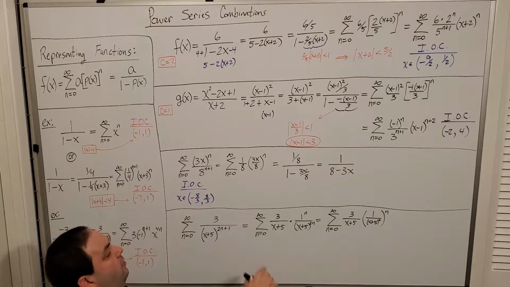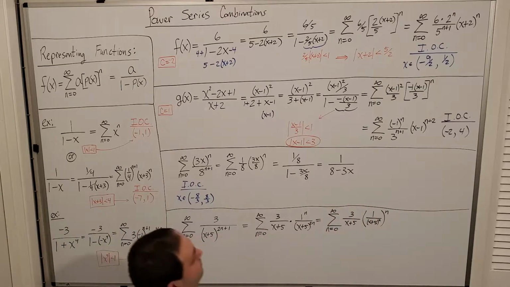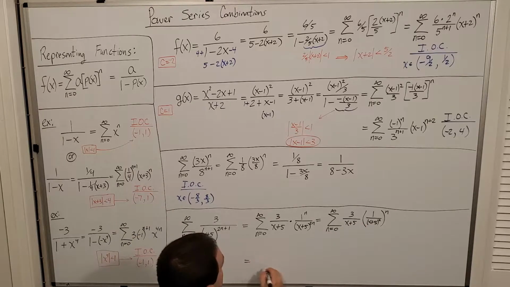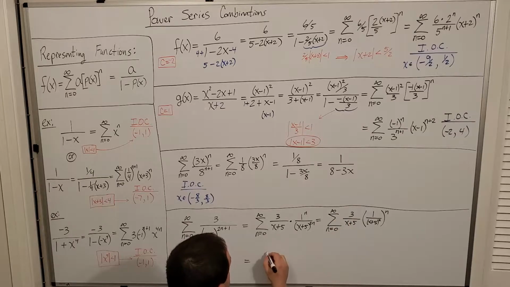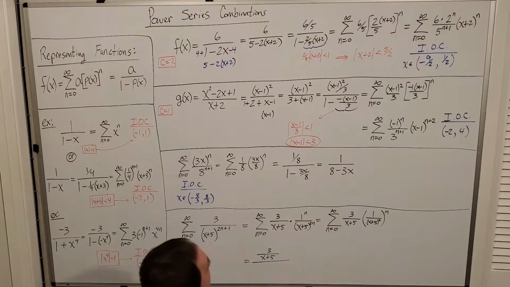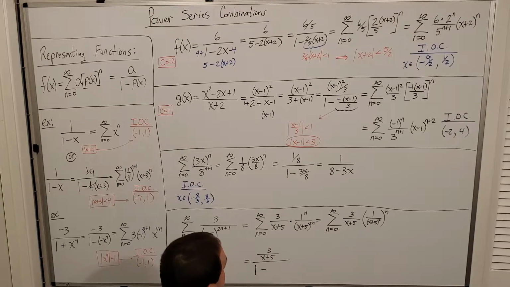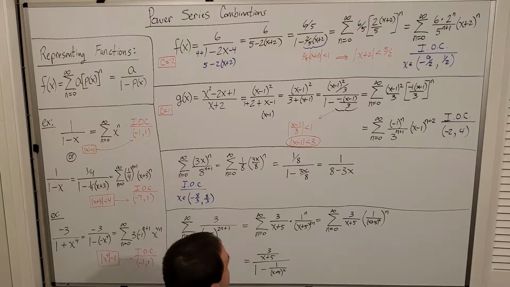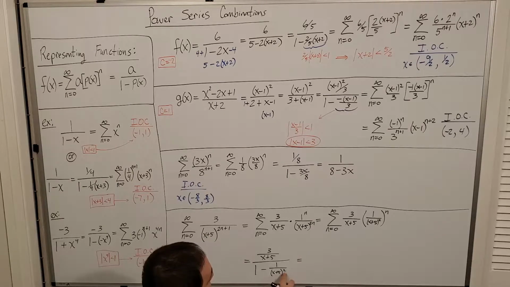So now, from this aspect right here, I'm going to say that this is equal to my a, which is 3 over x plus 5, divided by 1 minus 1 over x plus 5 quantity squared, like so. And you can sort of clean this up a little bit by multiplying everything by the x plus 5 quantity squared.